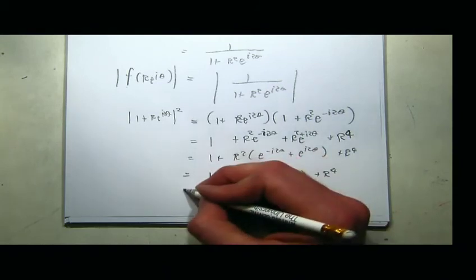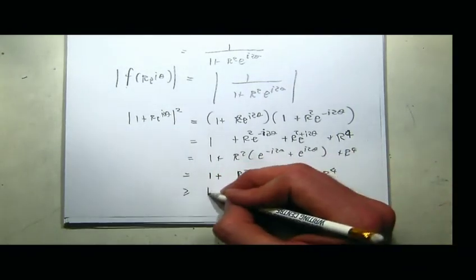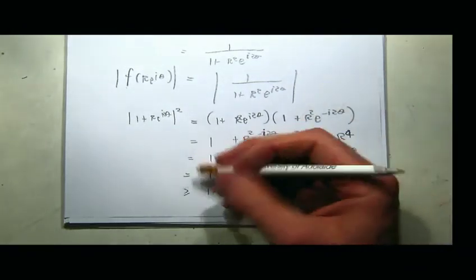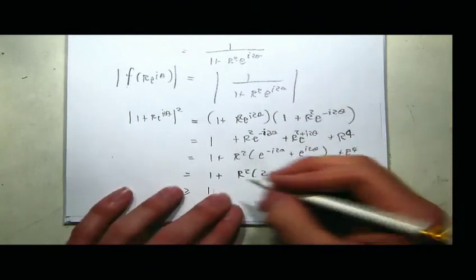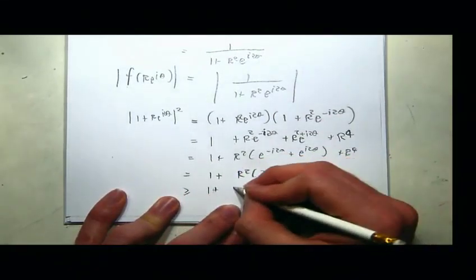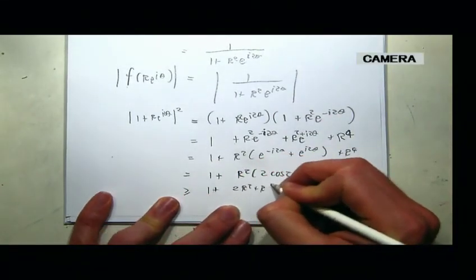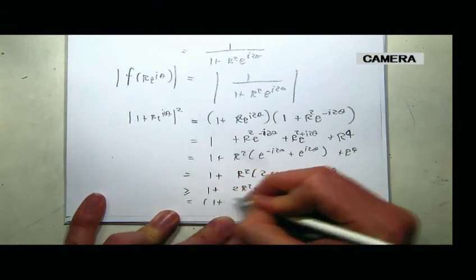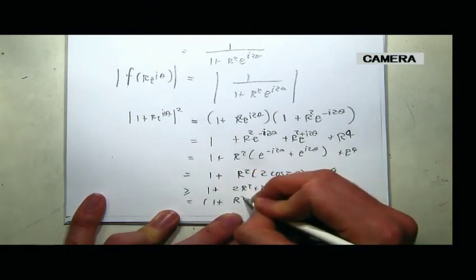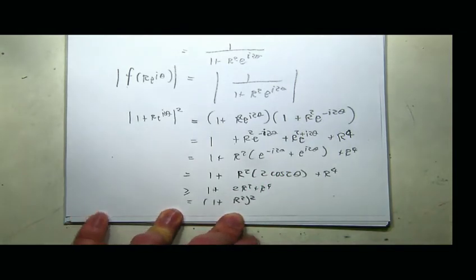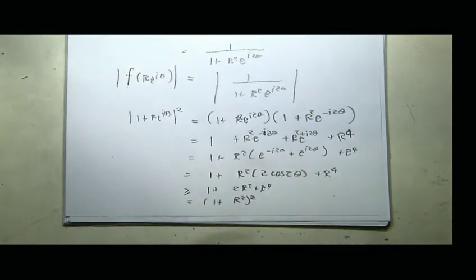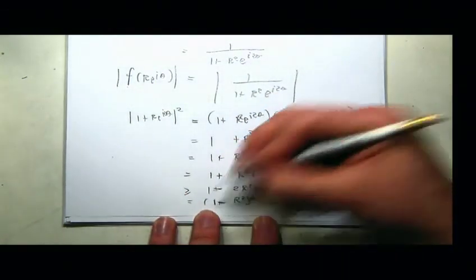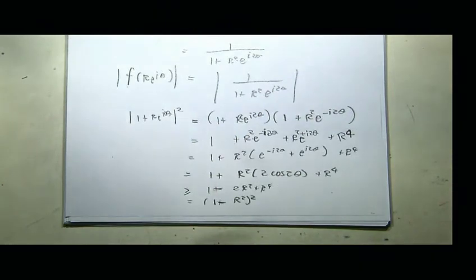Because this is greater than or equal to 1 plus 2r squared plus r to the 4, because cos 2 theta is greater than or equal to minus 1.